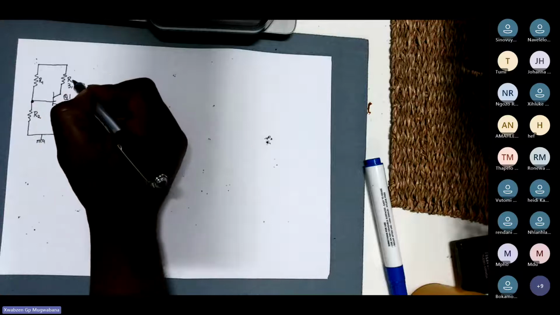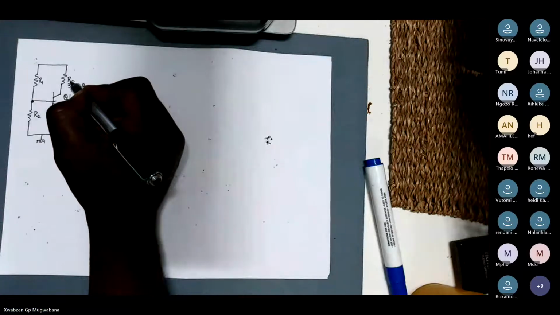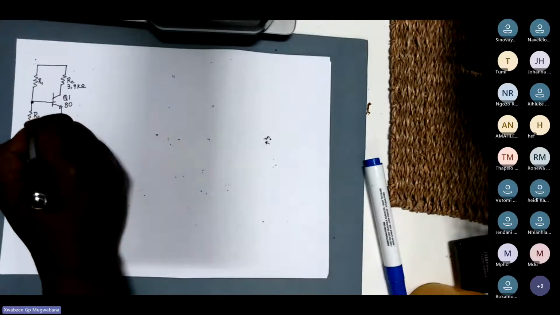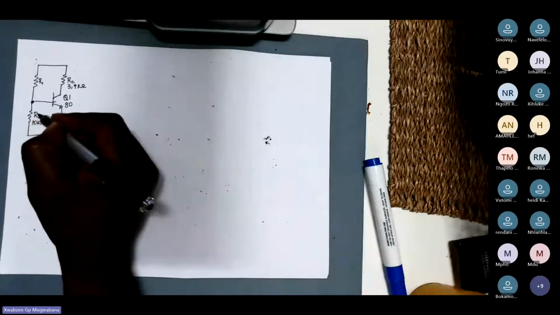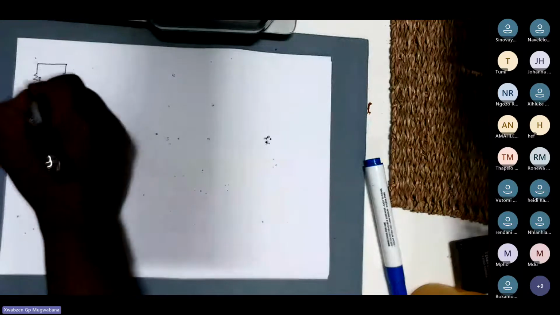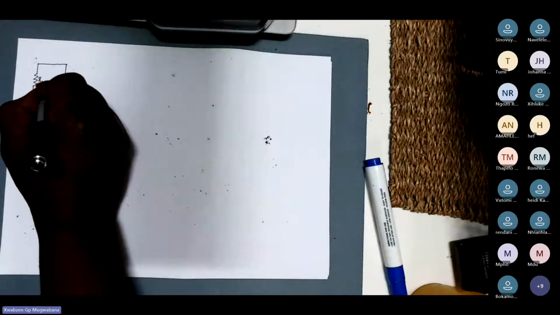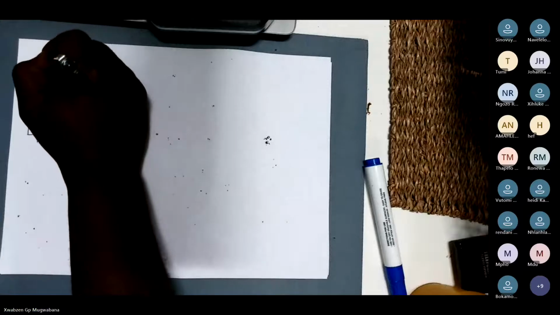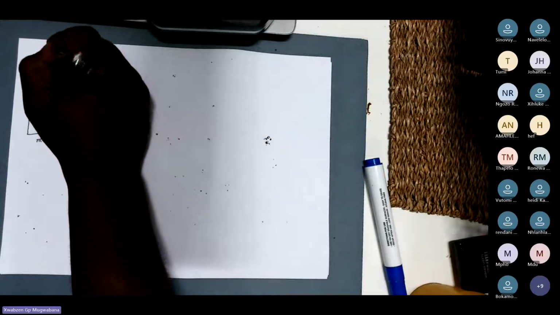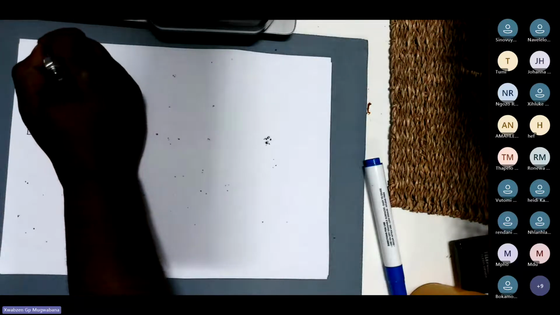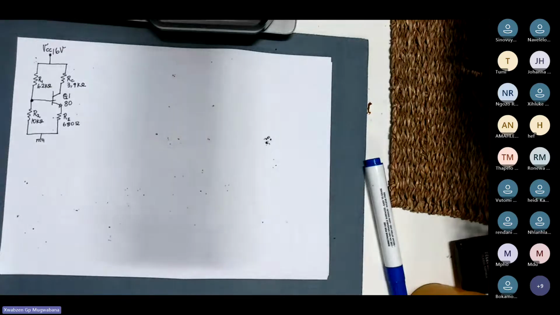And then this one, which is your R2, let's say 10 kilo ohms. And then this one, your R1, 62 kilo ohms. And then your VCC, let's say 16 volts. This is your VCC. Okay.